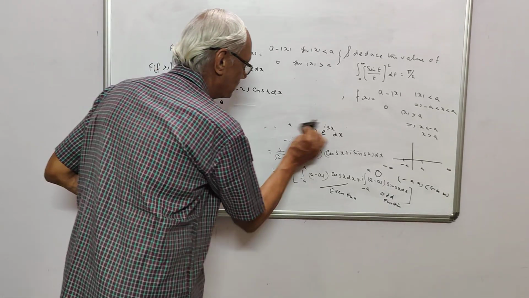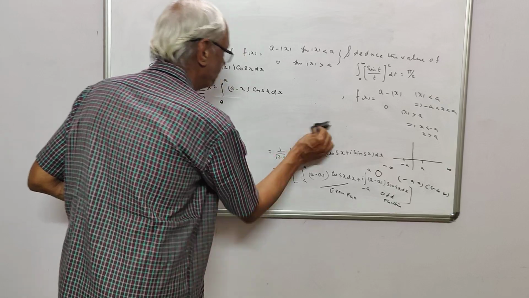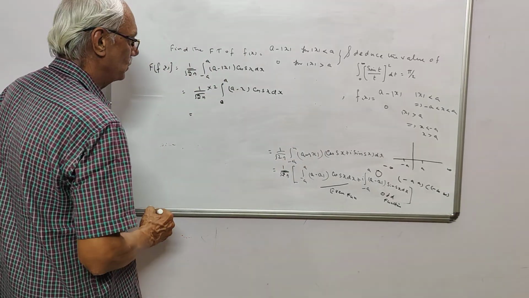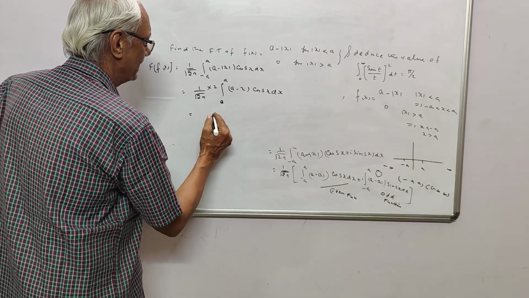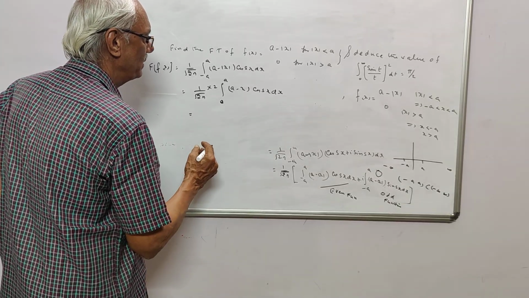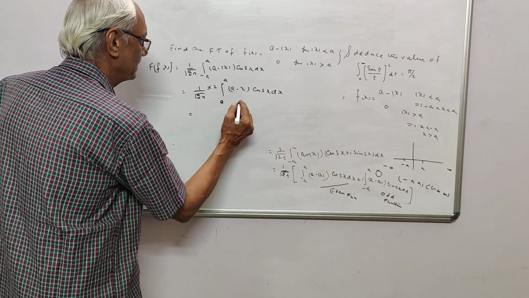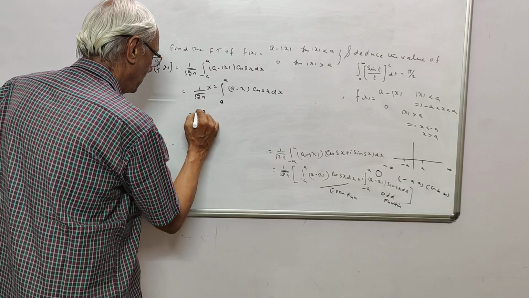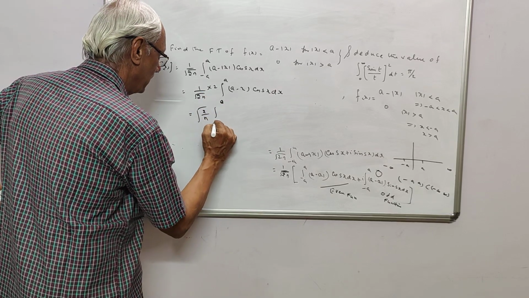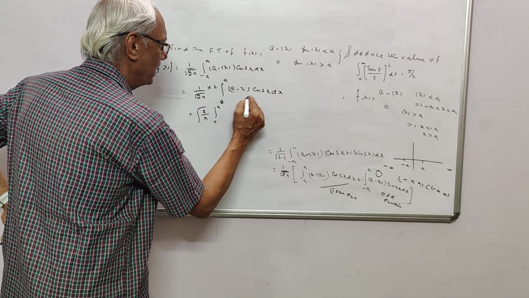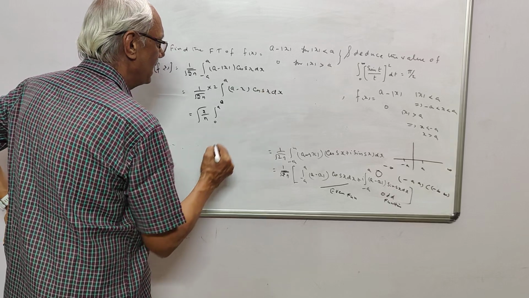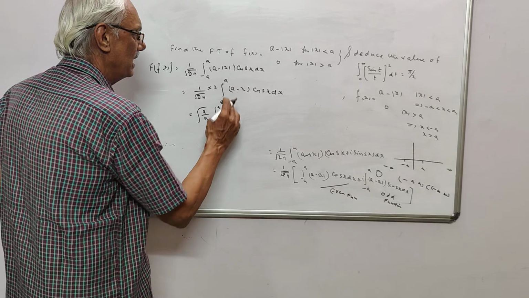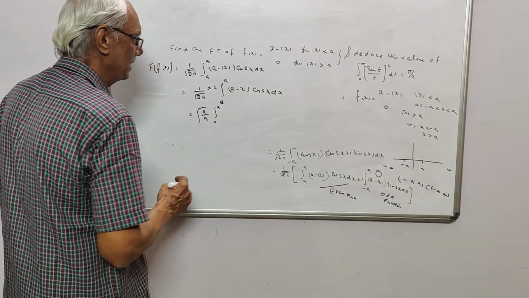Now you write this. What will you get here now? This is equal to, it is a minus x. I will write this: it is 2 by pi, and simplifying, the integral from 0 to a of (a minus x) cos sx. What is the integral of (a minus x) cos sx?